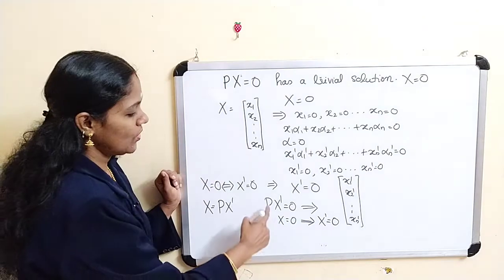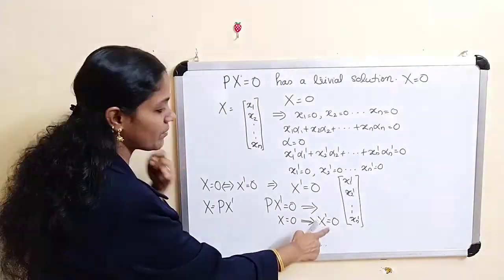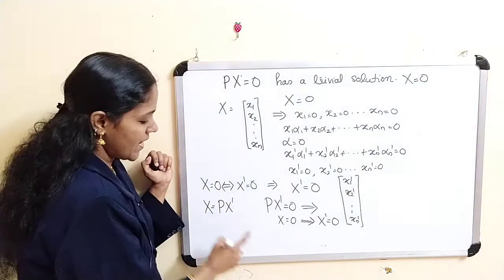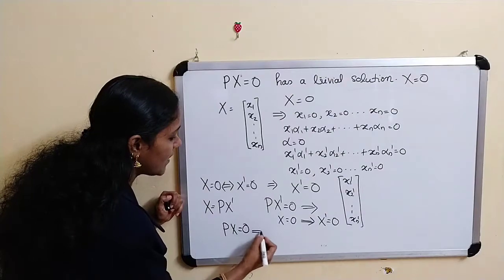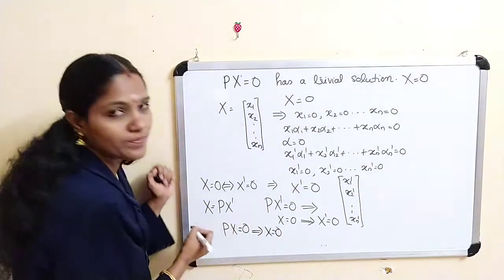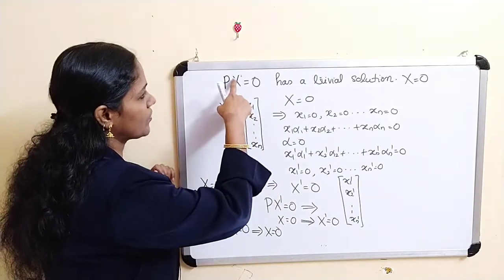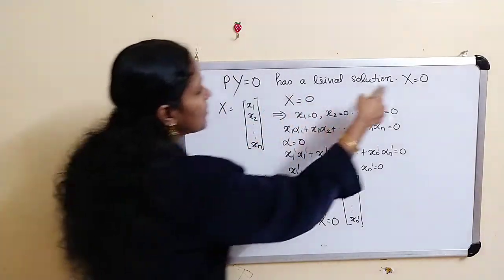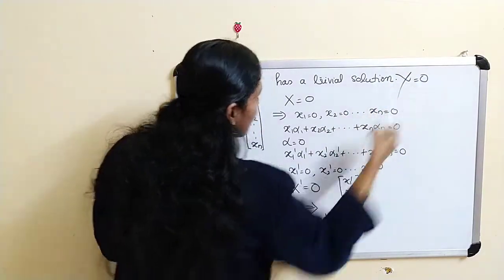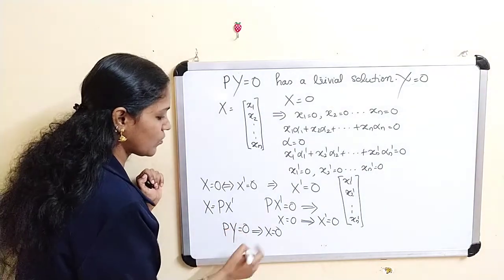Okay. So this equation P x dash equal to 0 implies x dash equal to 0. That is an equation of the form Px equal to 0 implies x equal to 0. You can take it even like this, Py equal to 0 implies y equal to 0. Okay, then that means for x dash you replace y.